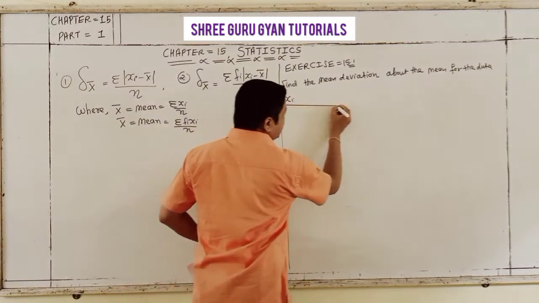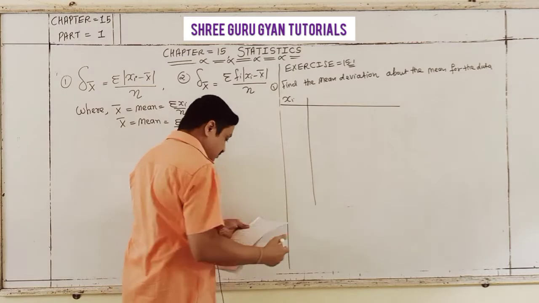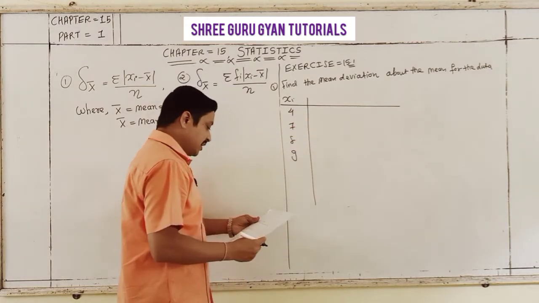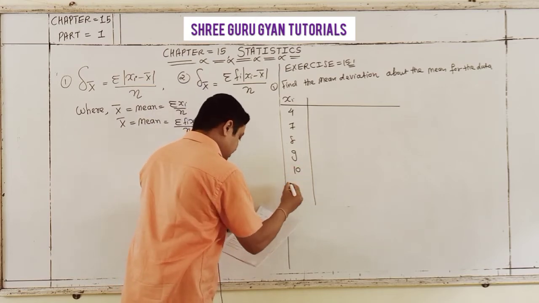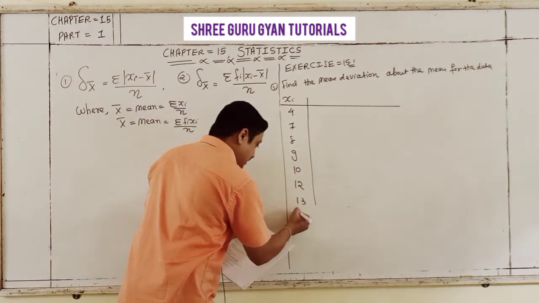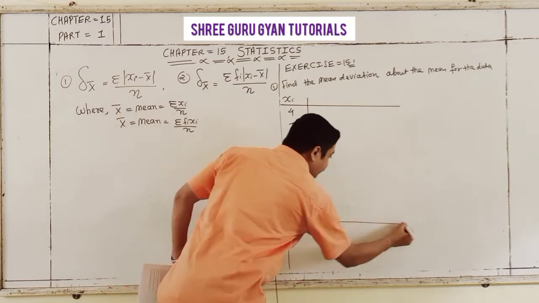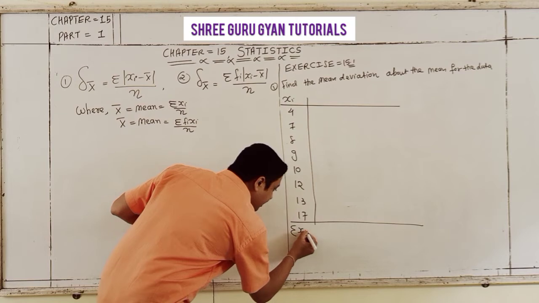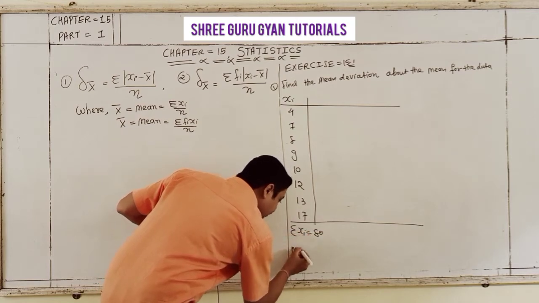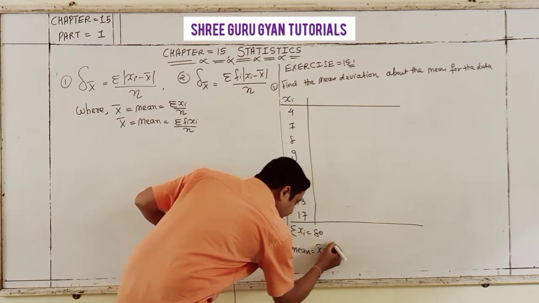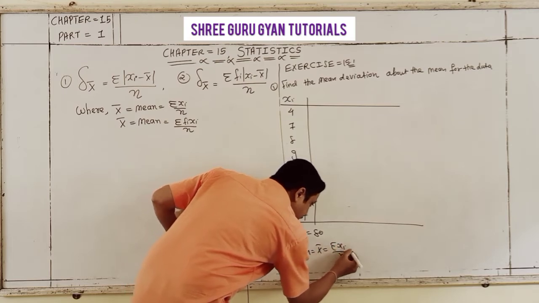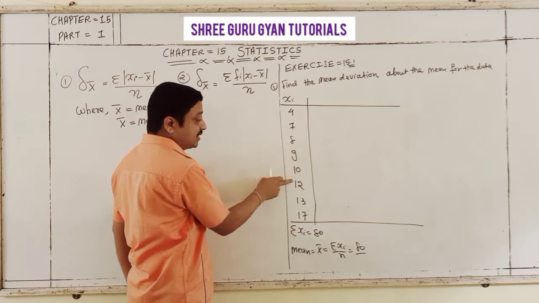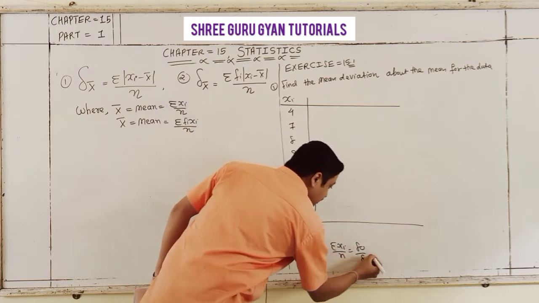First of all, we write the xi total. Students, my xi is 4, 7, 8, 9, 10, 12, 13 and 17, and you add the total sigma xi. If you add it, we get 80, and then the mean is sigma xi by n, 80 upon the number of observations, 1, 2, 3, 4, 5, 6, 7 and 8, so we get 10.